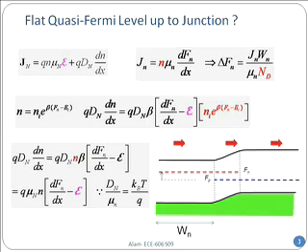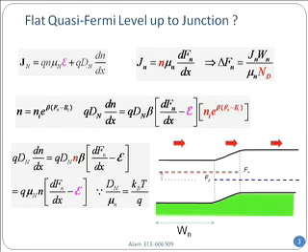Take a look at that expression. If N is equal to ND, Jn is a constant, right? Because the current is flowing without any recombination from one side to another. Cross multiply with dx and divide by ND and mu n. The whole thing is a constant. Integrate from the left side of the contact up to the junction.